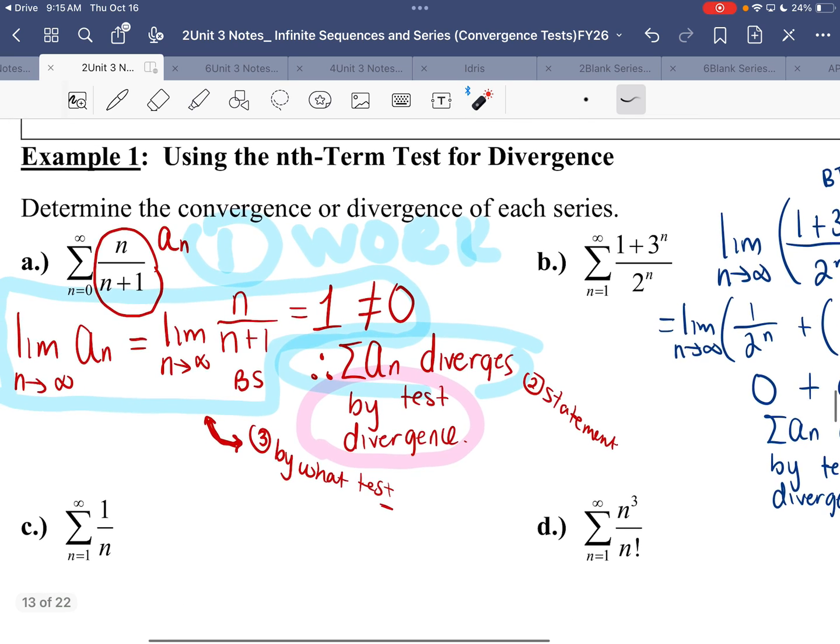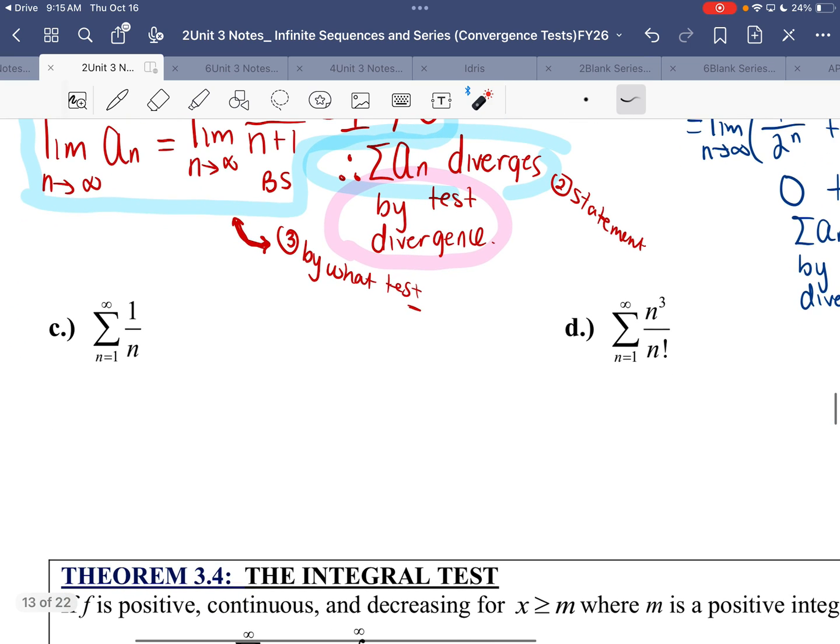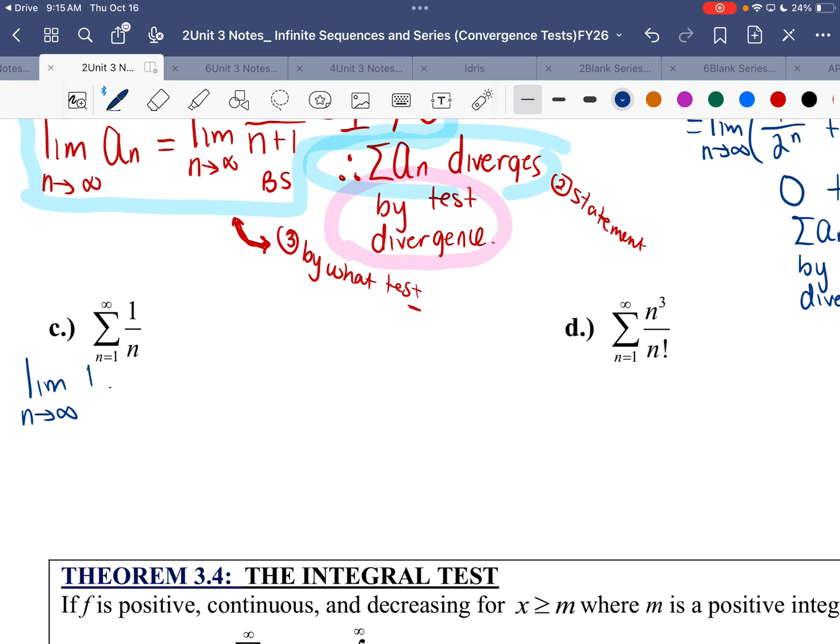Okay, C, taking the limit here. What do we have this equal to? 0. This is big bottom. So this is inconclusive.